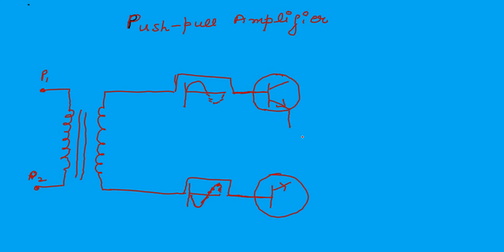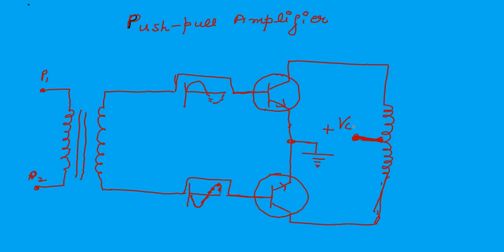Emitters of both NPN transistors are connected together and then grounded. The collectors of both transistors are attached to the primary of the output transformer. The supply to the transistors is given through VCC, and output is taken across the secondary of the transformer where RL is attached.